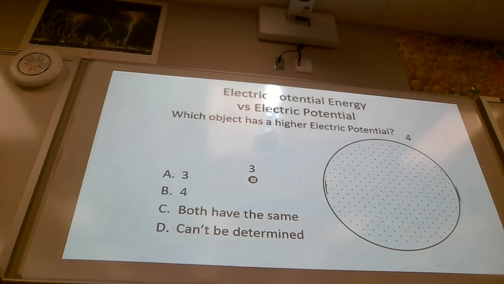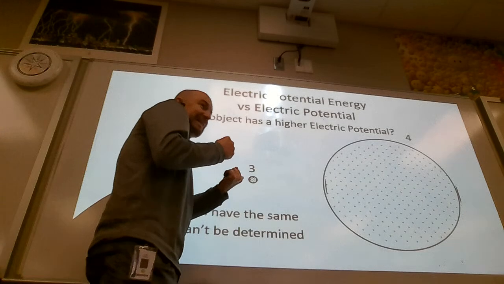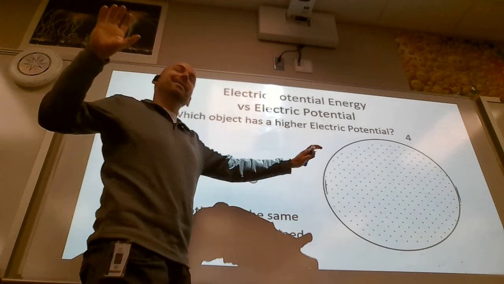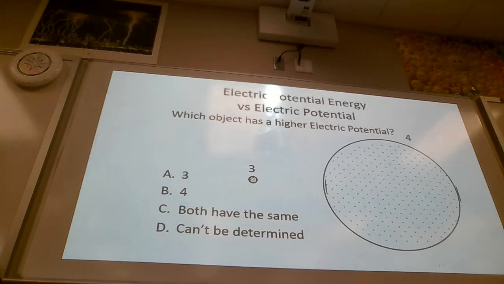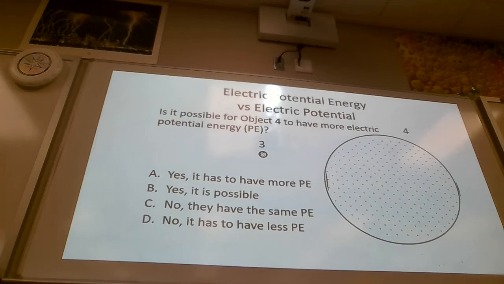How are we doing with A? Why? More dense. More densely packed. The electrons are more crowded. Good. Okay, has a higher electric potential.